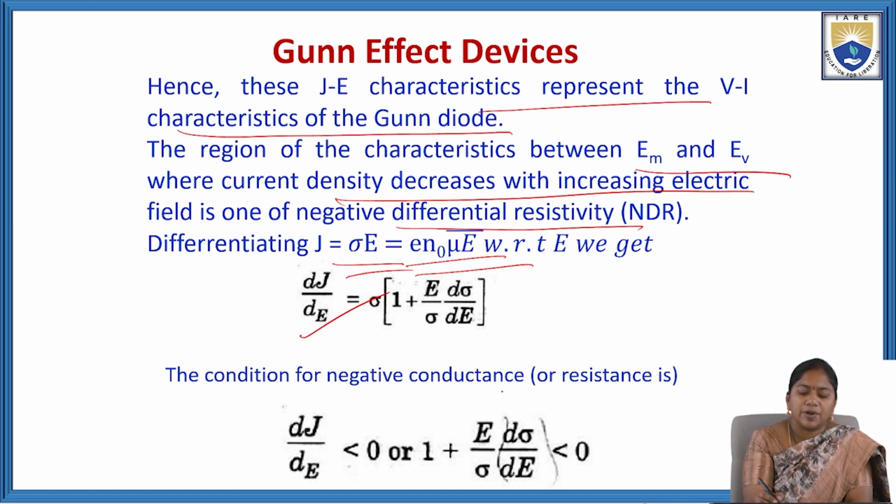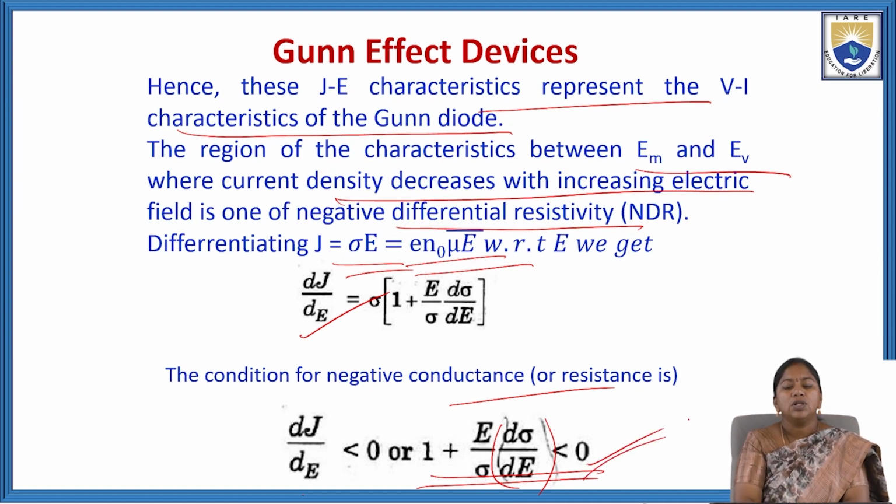So, the condition for negative conductance or resistance is dJ by dE is less than 0, or 1 plus E by sigma into d sigma by dE is less than 0. That is the condition.